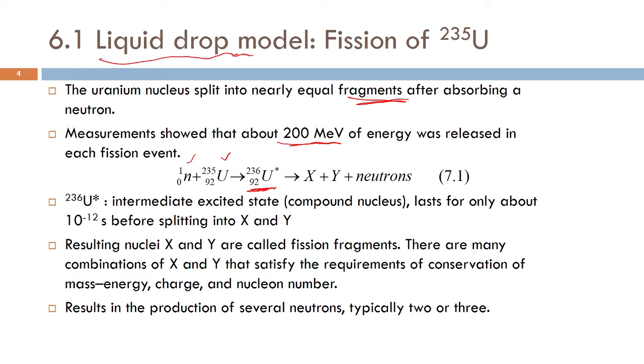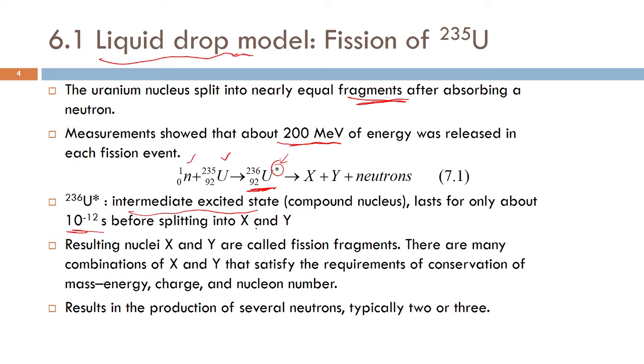This is a compound nucleus and it is in an excited state, so it is not stable, which is why a star is given on top of the uranium-236. This excited state lasts for a very short time, 10 to the minus 12 seconds.